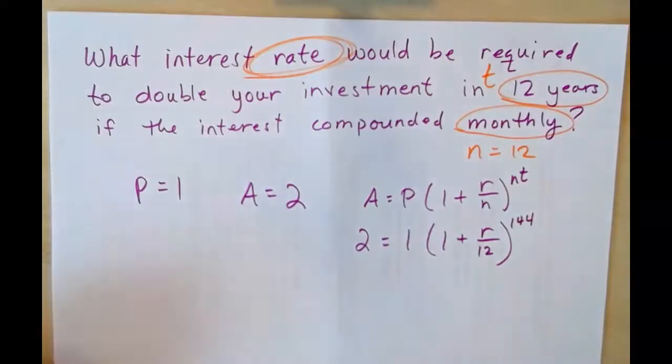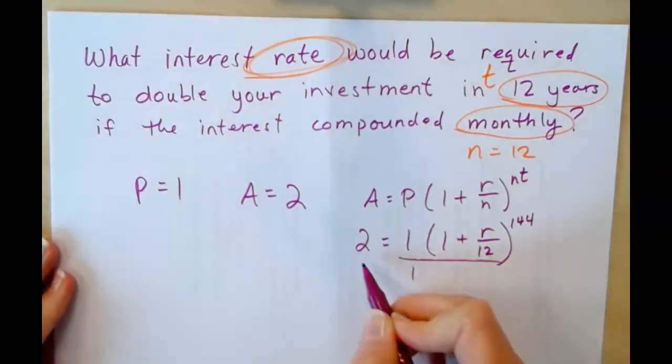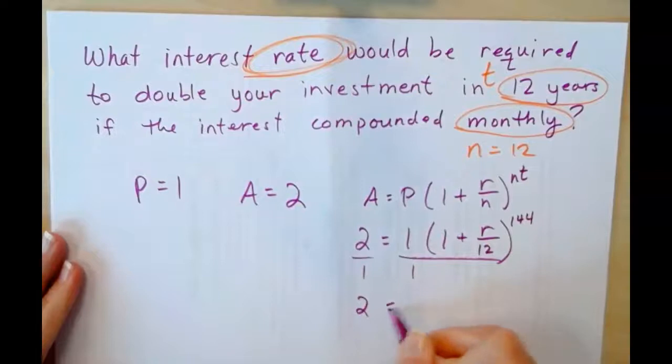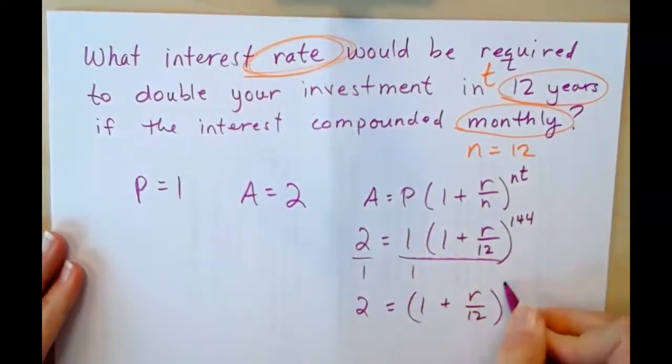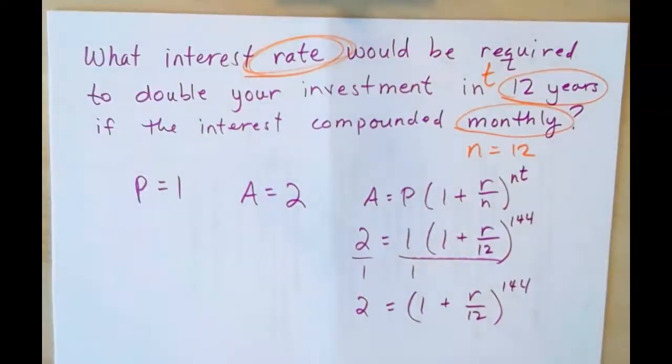Okay. Now, if we divide by 1, does it change anything? Nope. Okay. So, do we need a logarithm here? No, we do not. So, let's think about this. If we don't need a logarithm, how are we going to undo the 144th power?